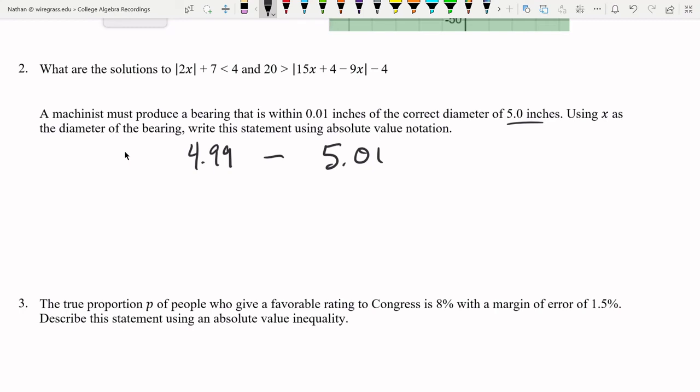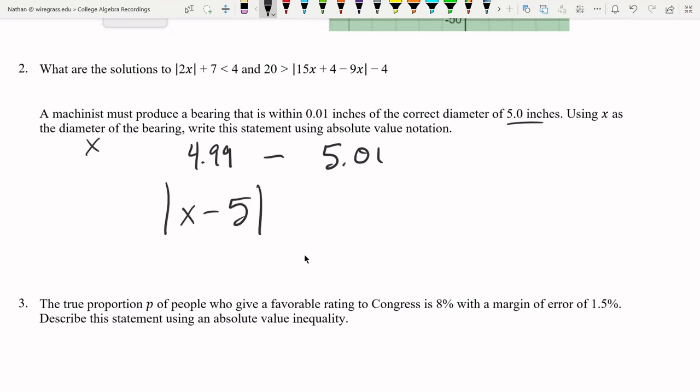Using x as the diameter of the bearing, so x is what's been produced, we're going to use a statement of absolute value to show what the situation is. The absolute value shows the distance between the actual diameter that we're producing, that's what x is, and the correct diameter, which is 5. I'm going to go x minus 5 here.